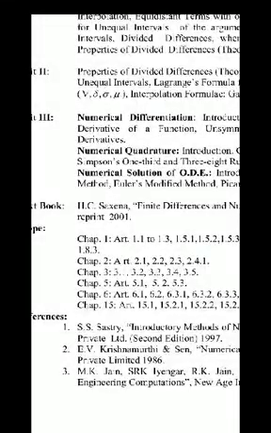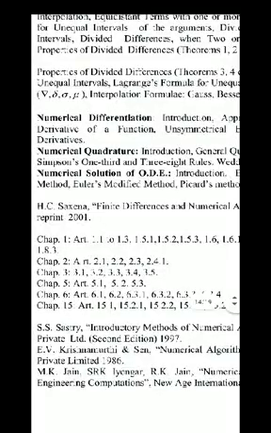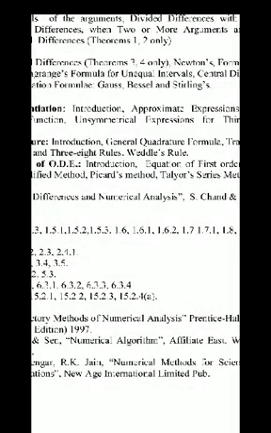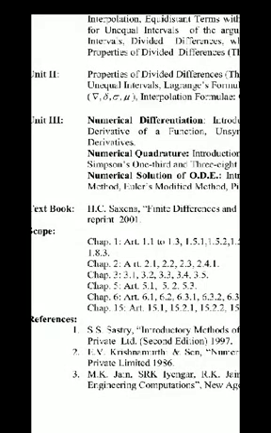Then central differences. Central differences use delta, del, sigma, mu and so on. These are notations. Interpolation formulae like Gauss formula, Bessel's formula, Stirling's formula, all these are included in unit second.